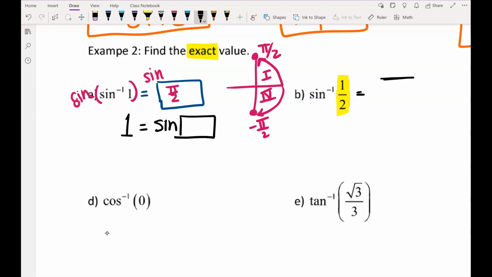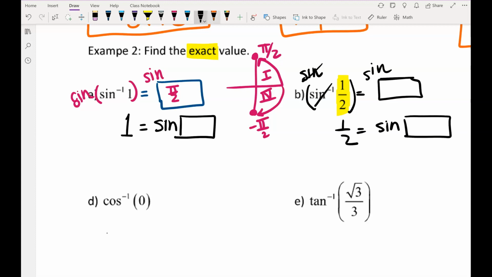Pi over 6. So again, if you don't know it, get yourself a box and go in and compose both sides by sine. Eventually, we will get super good at this, and sine and sine inverse will reduce. We know, students, your angle can only come from what quad again? Quad 1, because half is a positive. Right, guys?